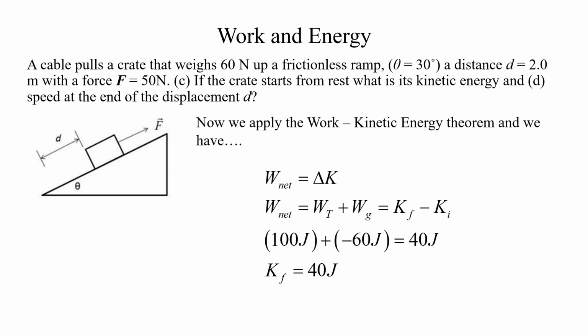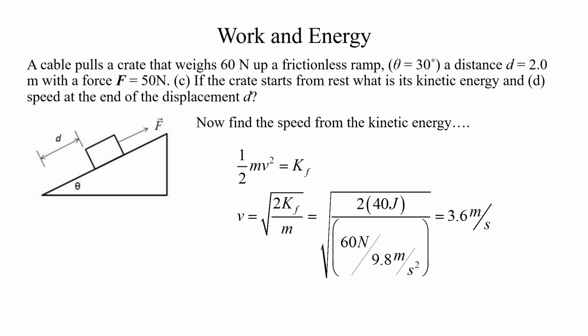The work done by gravity was negative 60 joules, and that means the change in kinetic energy must be 40 joules. Since our initial kinetic energy was 0, we started from rest, the final kinetic energy is 40 joules.